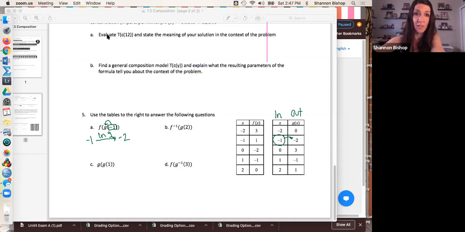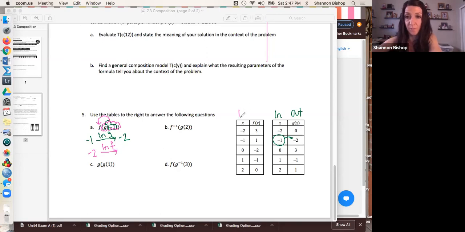But now you have to take that -2, that answer gets plugged in to the function named f. So which table has a function named f?